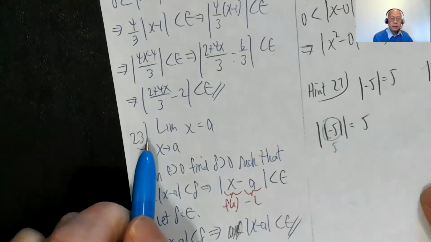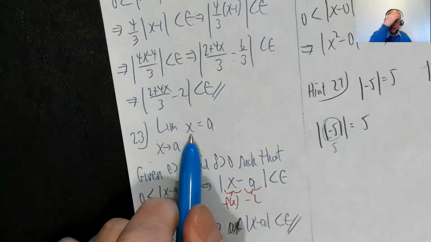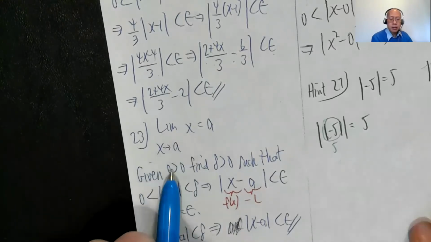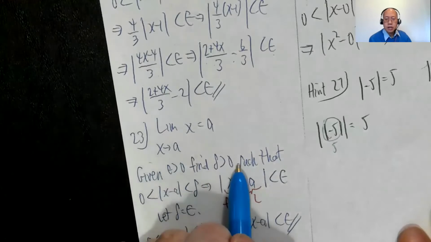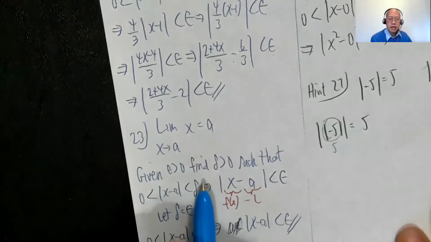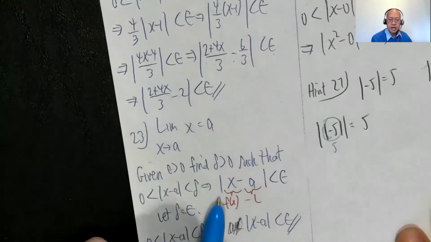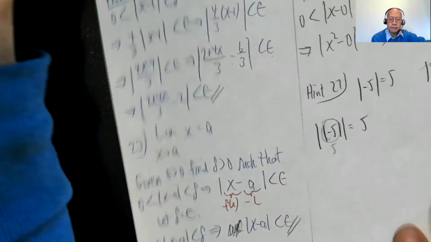23, limit as x approaches a of x equals a. This one's almost too easy. Okay, given epsilon greater than 0, find delta greater than 0 such that 0 less than the absolute value of x minus a is less than delta implies the absolute value of f of x minus L, so the f of x is x and the limit is a, is less than epsilon.